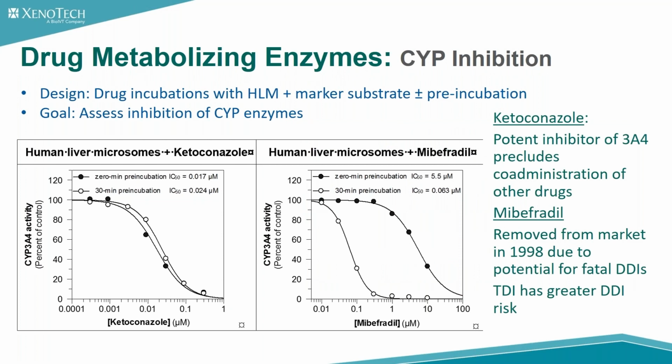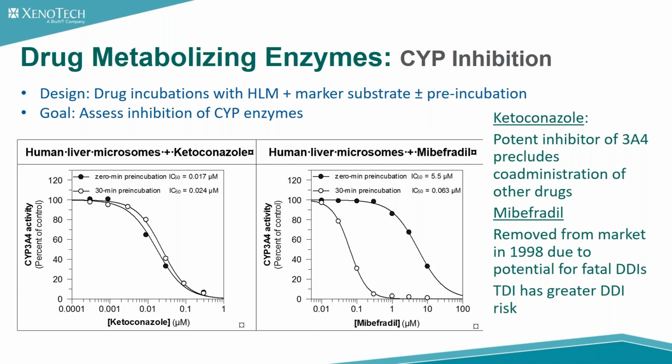So here are 2 examples of CYP3A4 inhibitors, ketoconazole and mifepristone. Now, both these plots are set up the same, with the activity of CYP3A4 shown on the y-axis as a function of increasing concentration of the inhibitor on the x-axis. And we also have 2 different treatments.